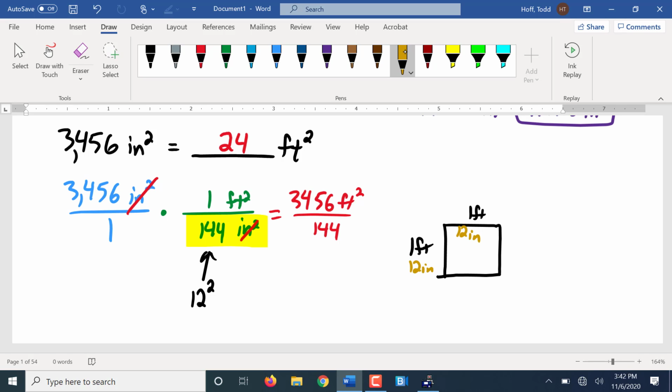It's less than 1 square foot, so it'd be 0.98 whatever square feet. Yeah, so 1 foot by 1 foot is 12 inches by 12 inches. 1 square foot is 12 by 12, or 144 square inches.